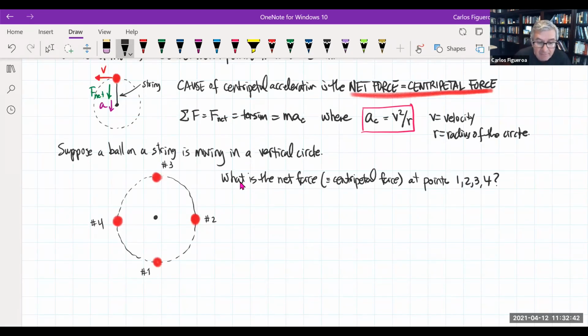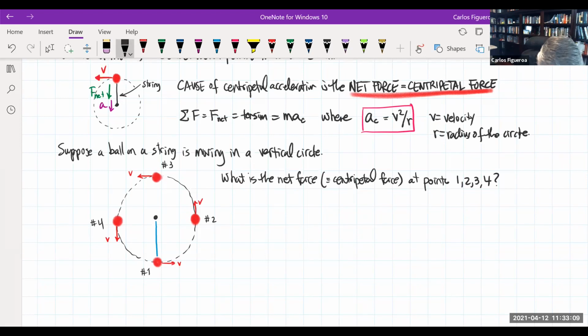Let's do the free body diagram. So if I look at 1, let's look at a string here. For the sake of simplicity, I'm going to do a blue string. So as the ball is moving at 1, the ball's going like this. And in each of these situations, the velocity is pointed like that.